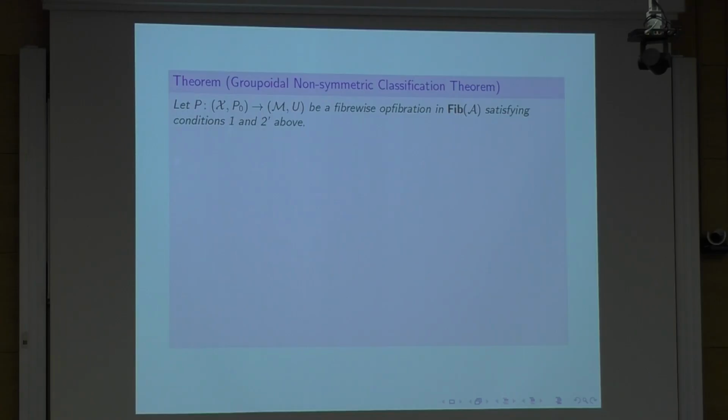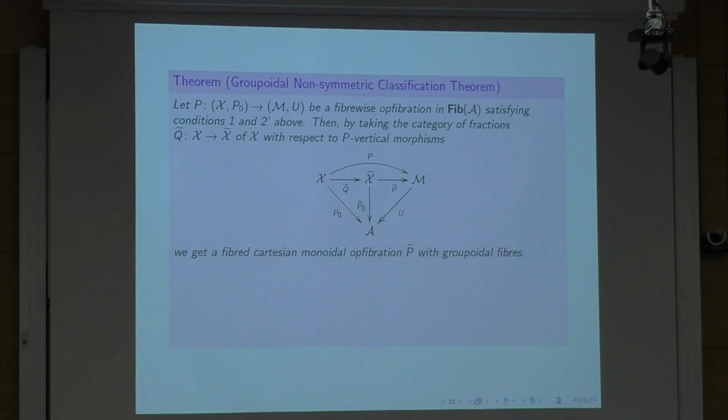result I present today. So, if we start with the fiber-wise opfibration P over A, which satisfies conditions 1 and 2 prime, then by taking the category of fractions Q tilde of X with respect to P vertical morphisms, we can obtain a fiber Cartesian monoidal opfibration P tilde, which has groupoidal fibers.